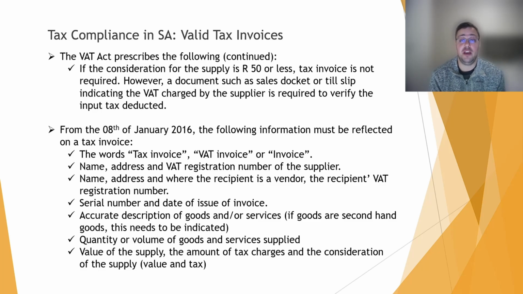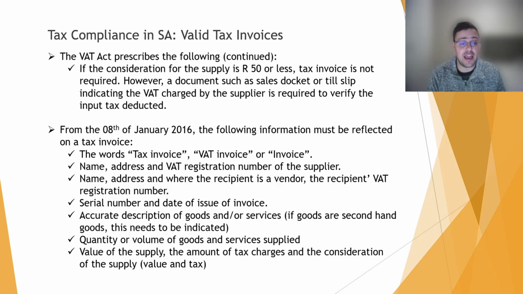For example, if you go to a builder's warehouse and you buy stuff for your business there, you're not going to give your full details to the person at the till. If it's under 5,000 Rand, you're basically just going to pay for your goods and receive a till slip that shows the items that you bought. It will also contain the details of the builder's warehouse on the invoice, but not necessarily your business details.